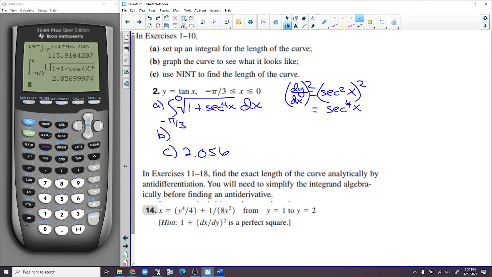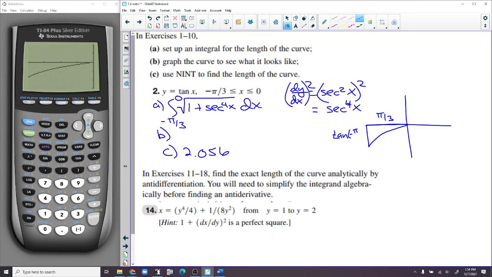But I'm curious, how close is that? If I look at the graph of this, it almost looks like a triangle. So what if we used a right triangle to get this instead of calculus? This distance right here would be pi over 3. This distance right here would be the tangent of negative pi over 3.